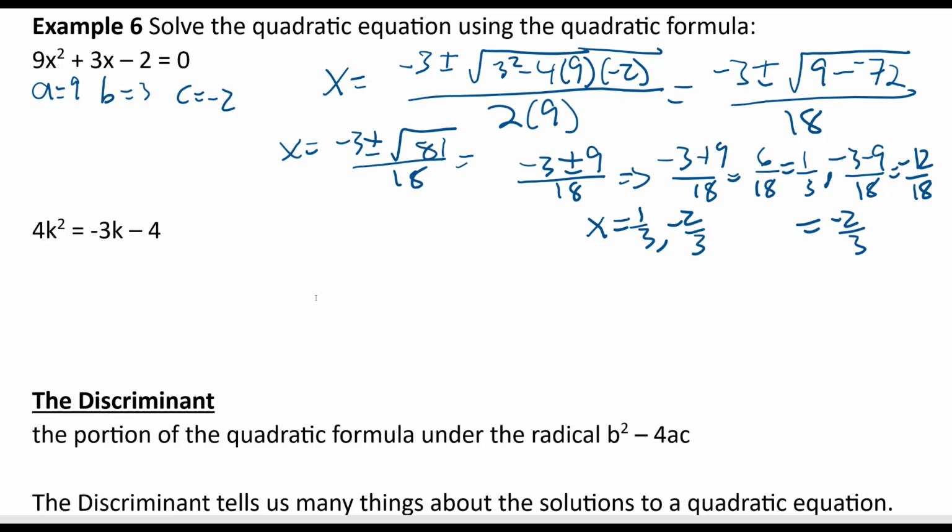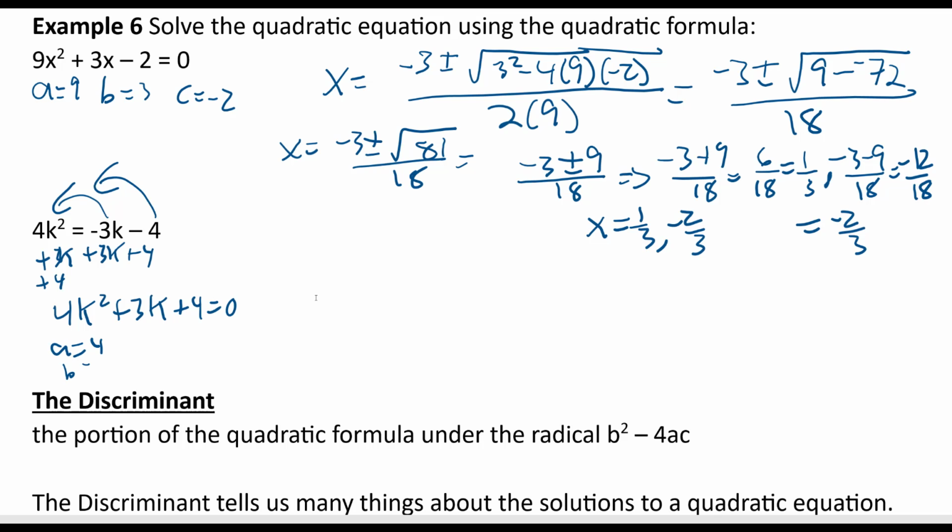And the next problem, I need to get this 3k over there and the minus 4 over there. So I'm going to add 3k to both sides, and I'm going to add 4 to both sides. So I have 4k squared plus 3k plus 4 equals 0. So my a is 4, my b is 3, and my c is 4.